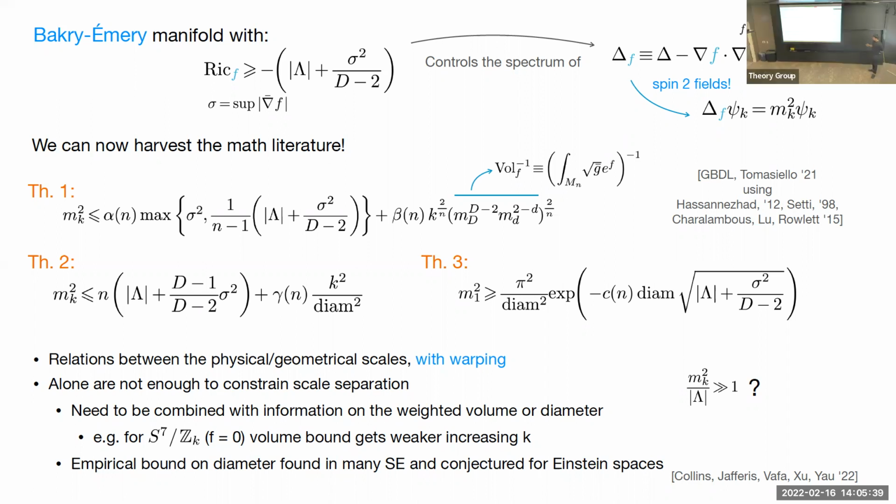Yes, so the amount of flux will control the volume of the manifold without warping, depending on the compactification, and can make the space large or small, so it can control the diameter itself, but it can also have an effect on the warping, yes. I see. Yes, it depends on the details of the compactification.